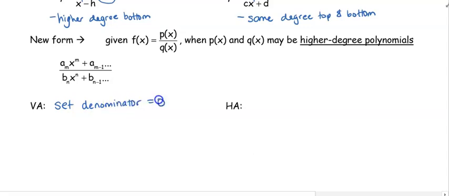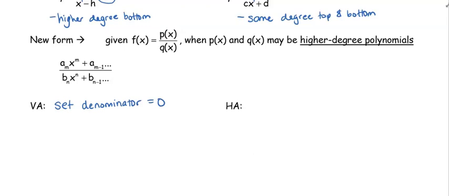And then, of course, we solve once we set it equal to 0. The HA, the horizontal asymptote, is going to be a little bit more difficult. Each situation is going to have its own set of rules. So regardless of which of the three equations you had, the vertical will always be setting the denominator equal to 0.